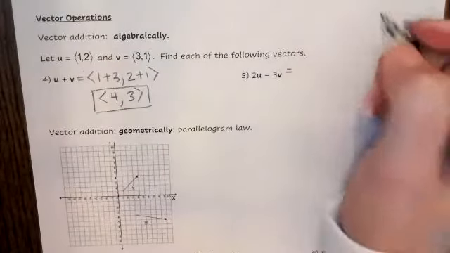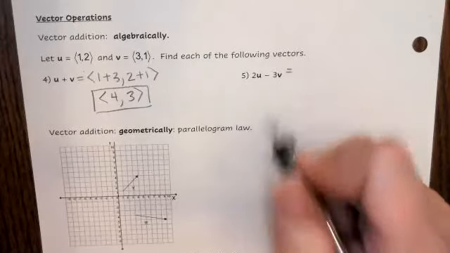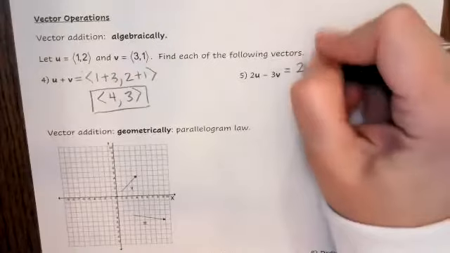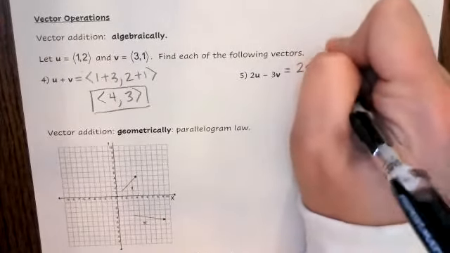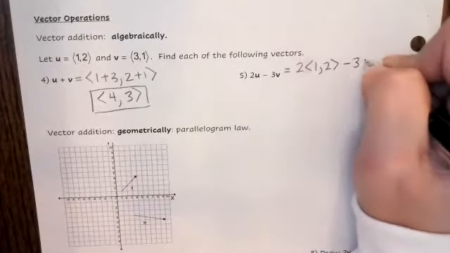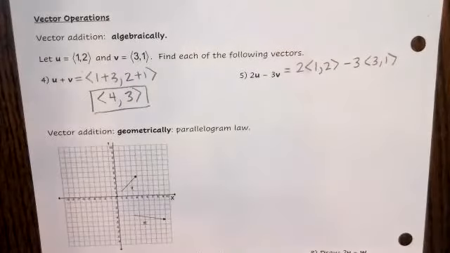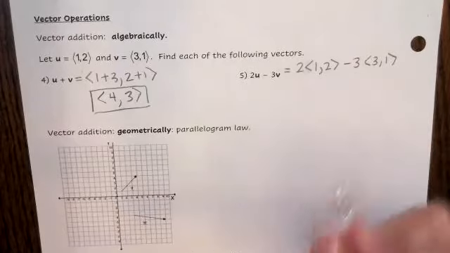All right, for this next one, it says 2 times our vector u minus 3 times our vector v. And so I'm going to do 2 times our vector u minus 3 times our vector v. And so before we subtract these, you would want to distribute.